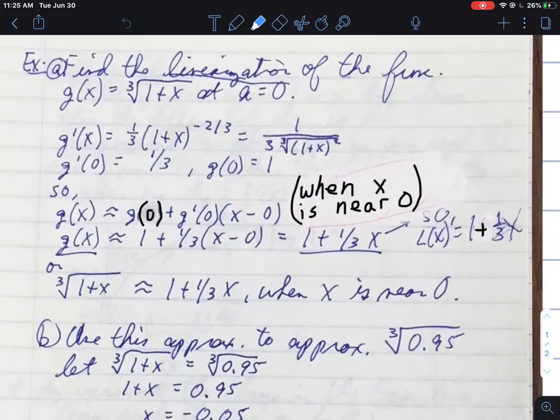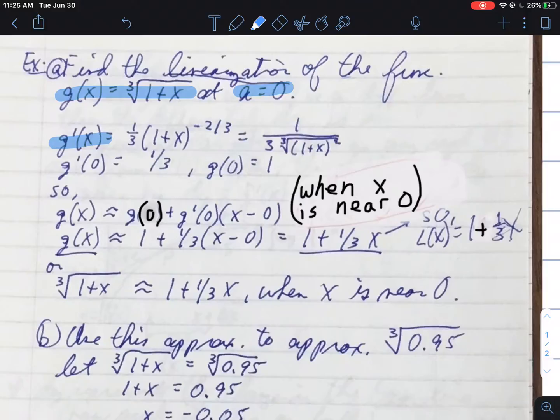So, for example, part A, let's find the linearization of the function g of x equals cube root of 1 plus x at the point where a equals 0. So here's our function. We're interested specifically at the point where a equals 0. So we want to find our linearization first of all. So let's find our derivative, g prime. Now that's cube root of 1 plus x, which is (1 plus x) to the 1/3.